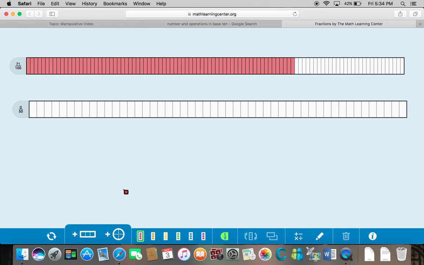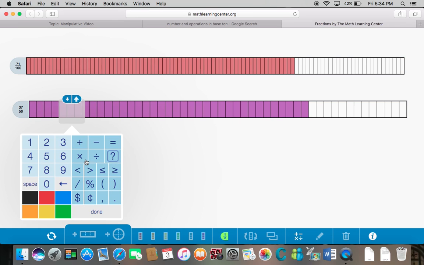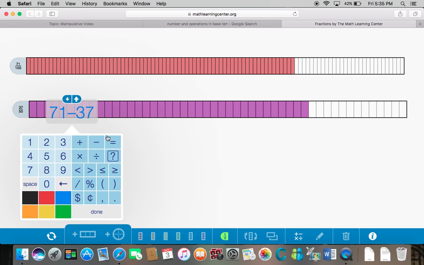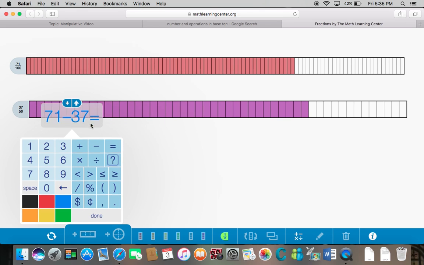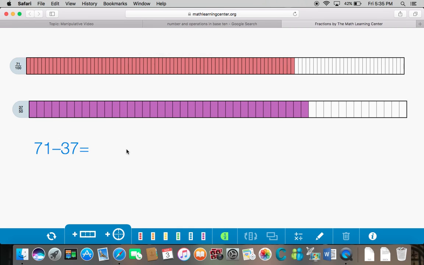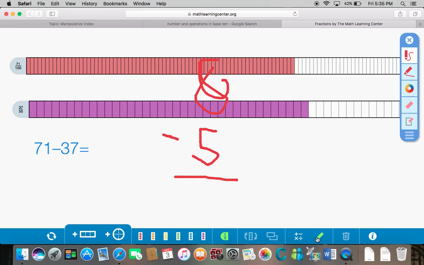And then maybe they only want 30, oh, maybe a little more than 30 out of the second one. And then they also have this, so you could go 71 minus 37. You can put that down there for them, and then they can solve it out to the side.